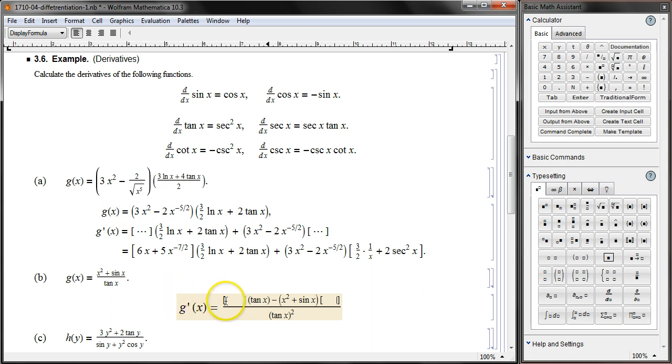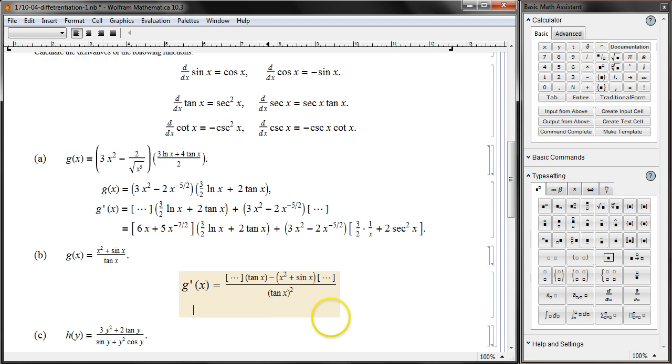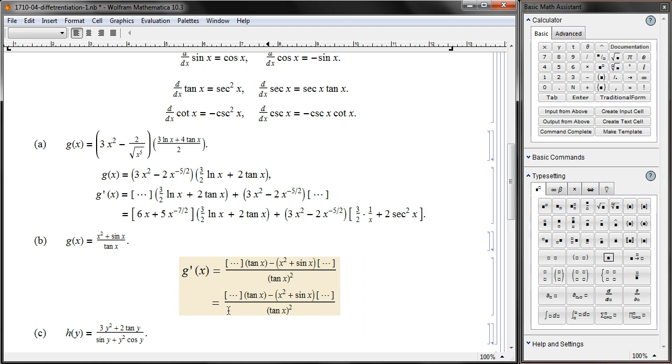Experienced students will just put those in right away, but let's pretend I'm not one of them, and then I'll just copy and paste in the next step after slowing down a little bit with this dot dot dot. Okay, let's put in the derivatives u prime and v prime respectively.